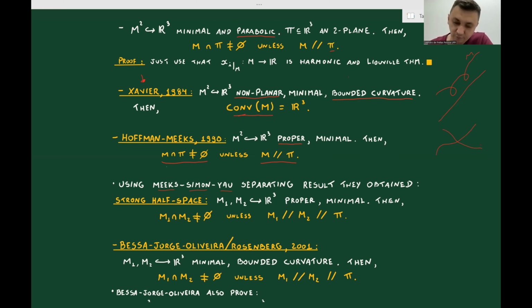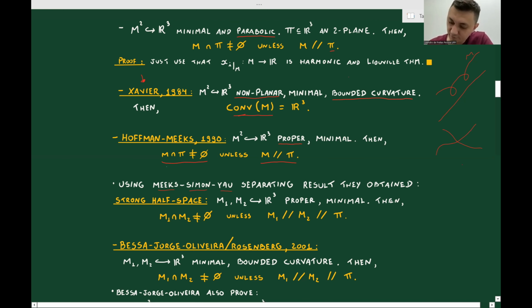Okay, the second position is that they are parallel planes. Of course, the planes are minimal surfaces, so this situation can also happen. Okay, and the third possibility is we have a minimal surface here and another minimal surface here, and there is a plane in between them.